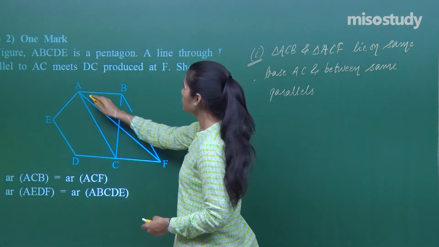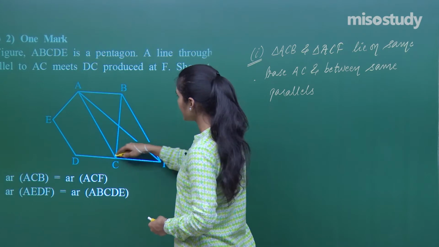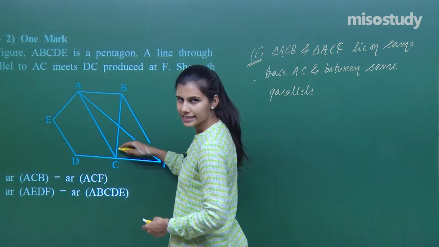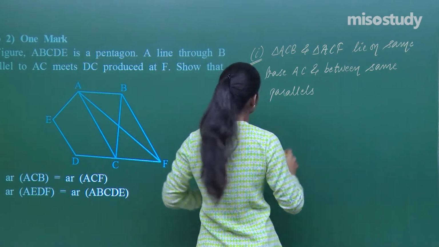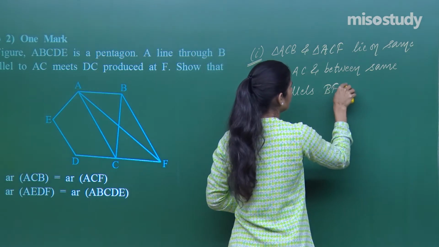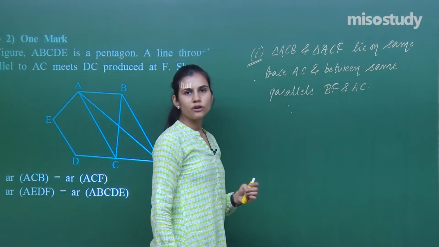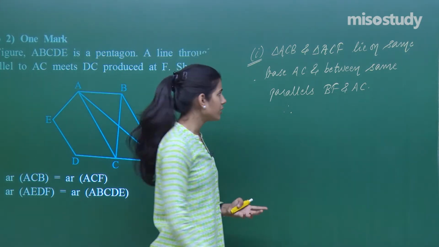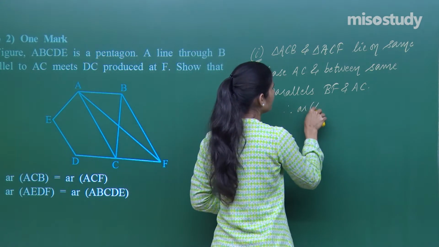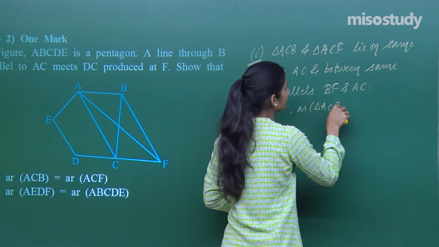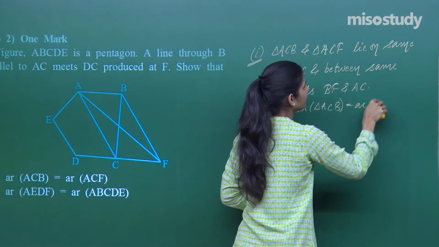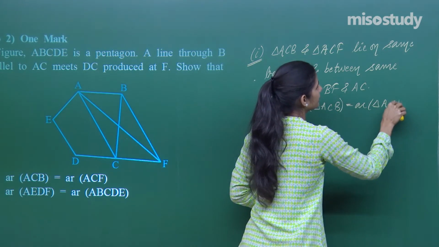The two parallels between which triangle ABC and triangle AFC are lying are BF and AC. They are parallel to each other, it's given in the question. And therefore, two triangles lying on the same base between the same parallels have equal areas. So area of triangle ACB is same as area of triangle ACF.